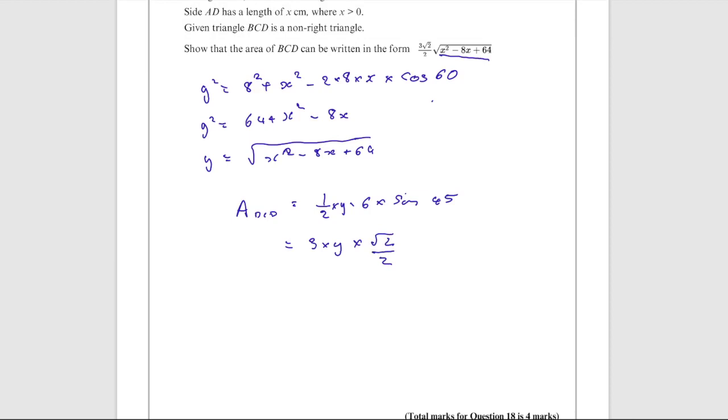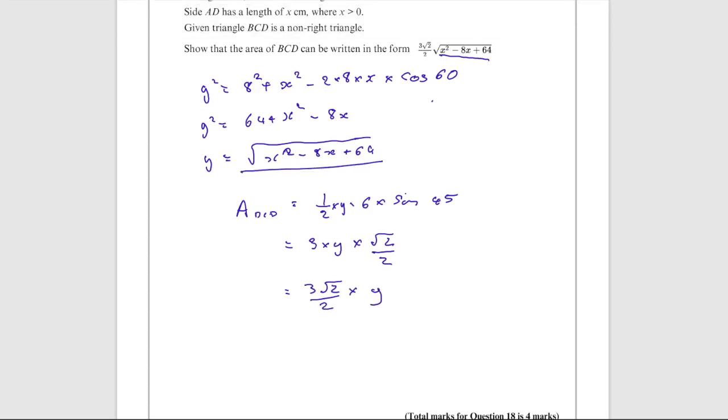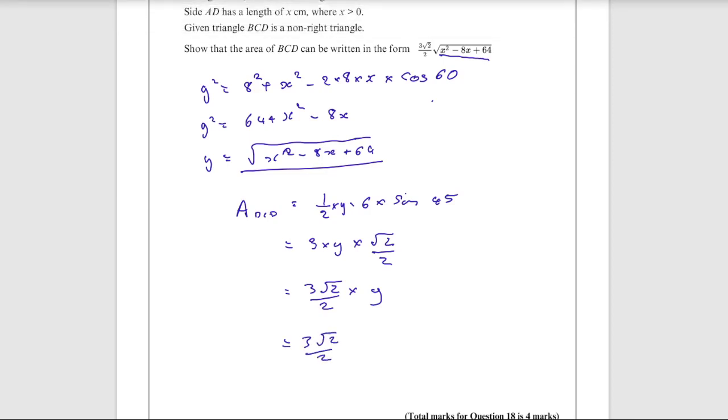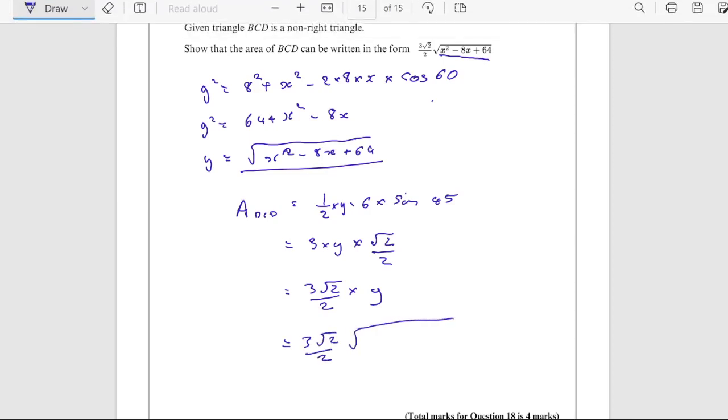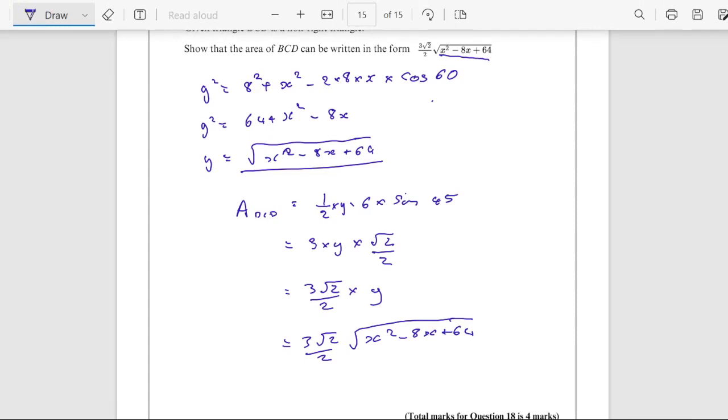So that leaves me with 3 lots of root 2 over 2 times by y, which we've just shown is that. So that's going to be equal to 3 root 2 over 2 times by the square root of x squared minus 8x plus 64, which is what we were asked to show right at the start. So there we go.